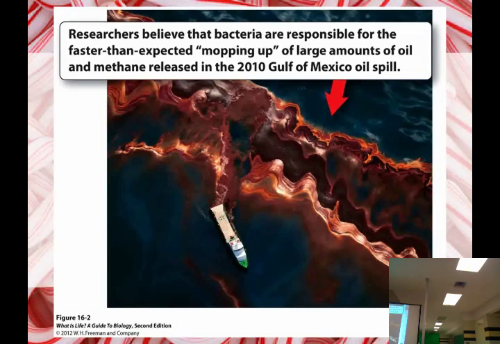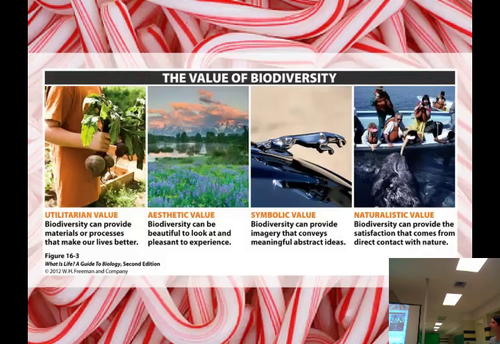And so one thing scientists did was they brought in these bacteria that eat oil, and it helped to clean up the oil spill. Was it just in 2010? I thought it was more recent than that. I guess I hadn't. Time flies when you're having fun. So they used bacteria to go in and eat the oil from this oil spill. So if we don't have these bacteria, then we don't have anything to clean up these oil spills naturally.